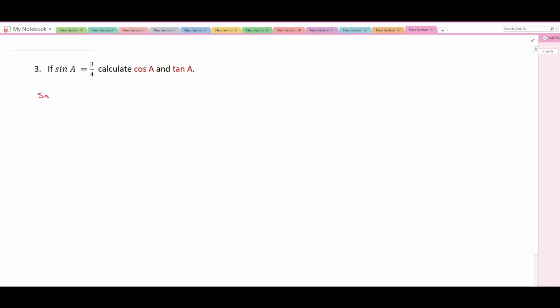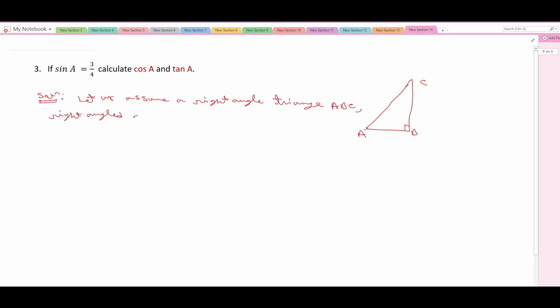Now we solve this question. Solution. First we consider a right angle triangle ABC, right angle at B. Given sin A equal to 3 by 4.